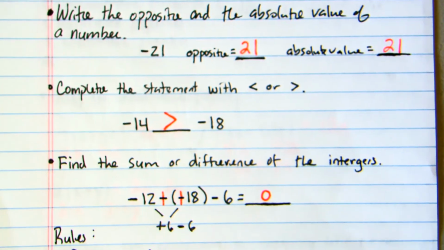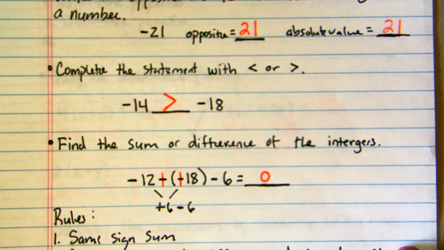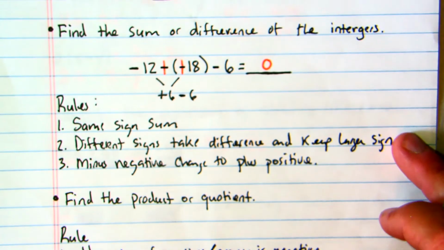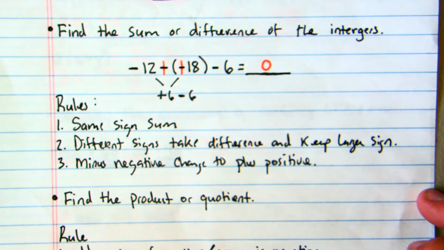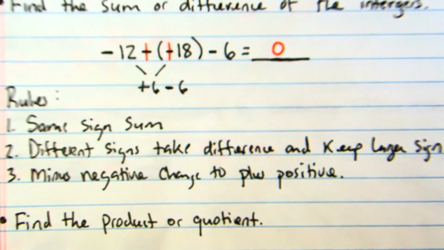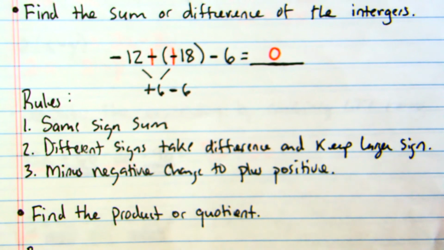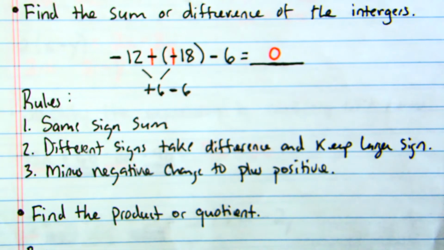Now, we've got to find the sum or the difference of integers. There are three rules that we need to know for this. The three rules are as follows. If the signs are the same, then we simply add the two quantities together and keep that sign.